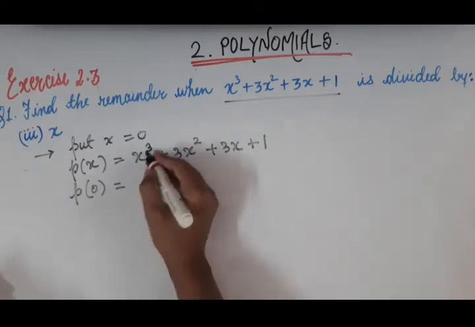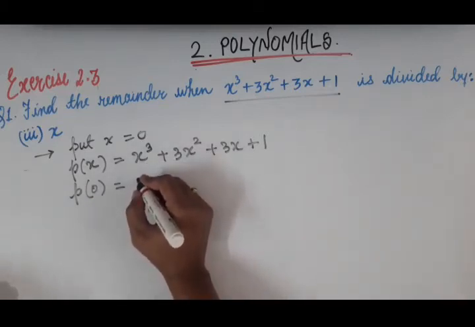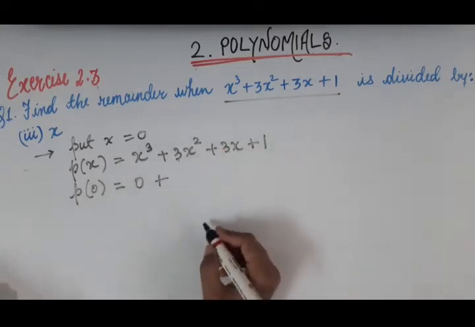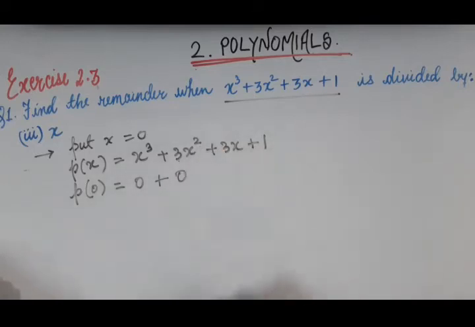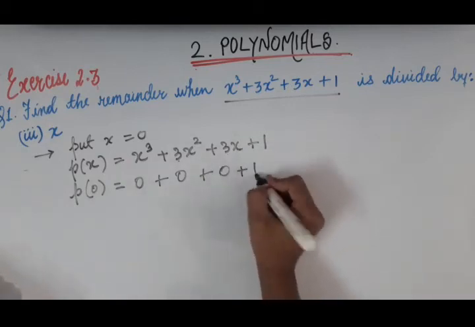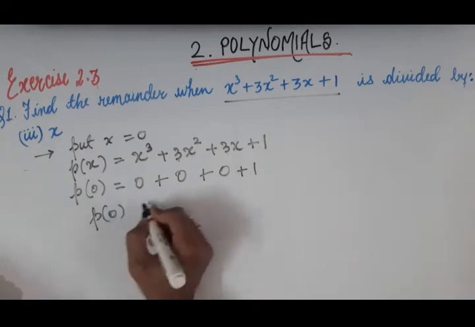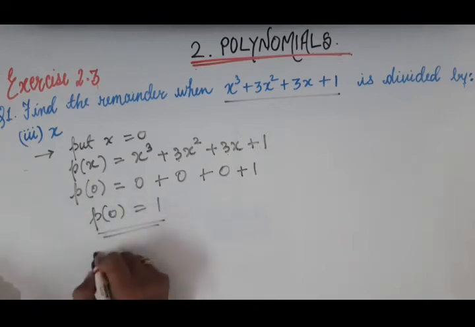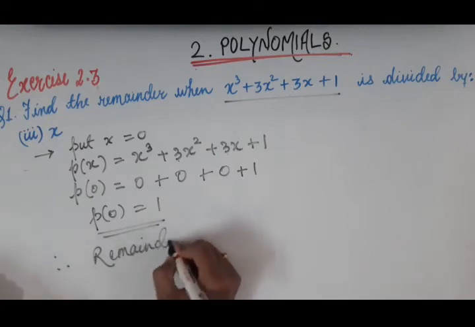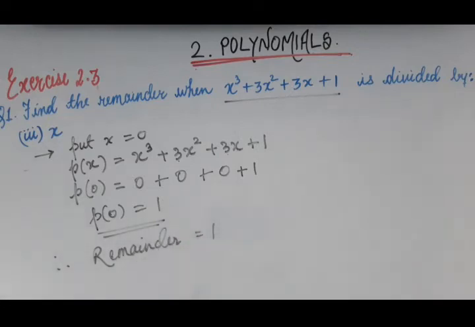Replace x with 0 now. 0 cube will be 0. 3 into x square, 3 into 0 will again be 0. Plus 3x, 3 into 0 will again be 0, and plus 1. So P of 0, what you got? Equal to 1. So your remainder is therefore equal to 1. Okay.